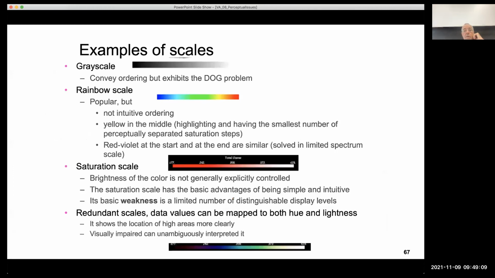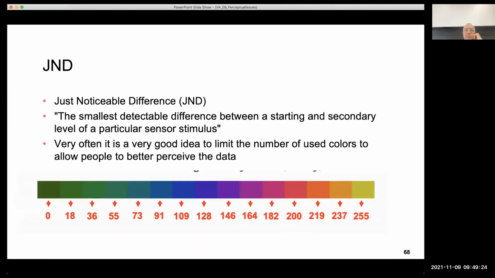If you use a full scale like this, you have too many values, and some values that are very close to each other are not distinguishable by human beings. Instead, like here, if you segment the scale in an artificial way, having only 16 values, you are reducing the space of the color, but you are simplifying the task for the user to distinguish them.